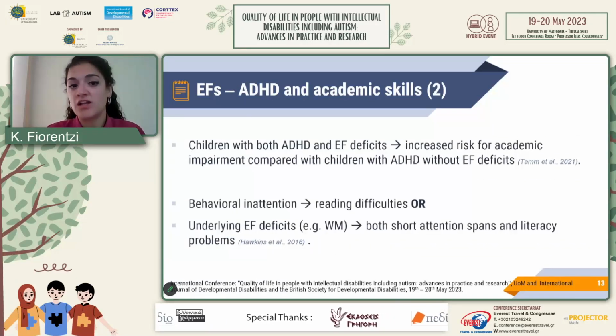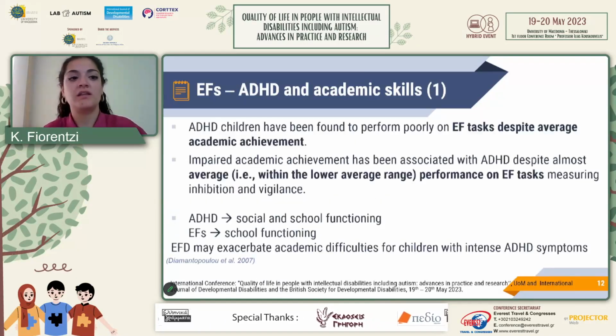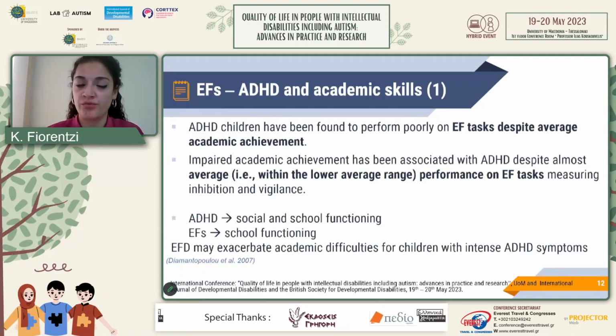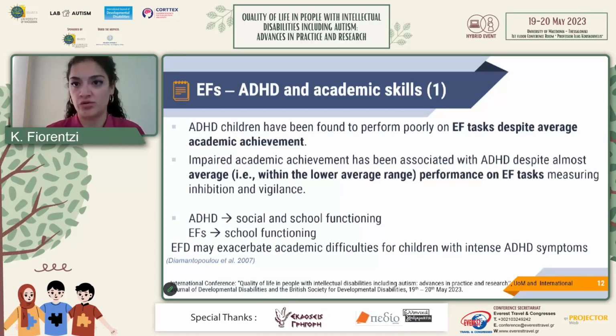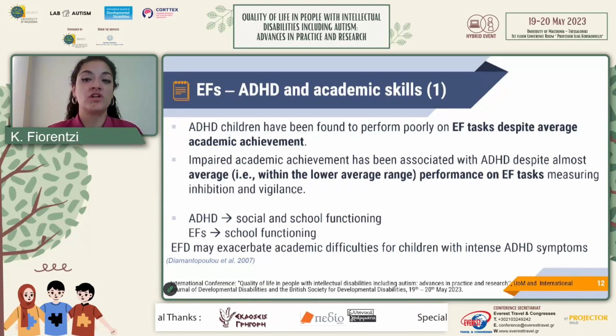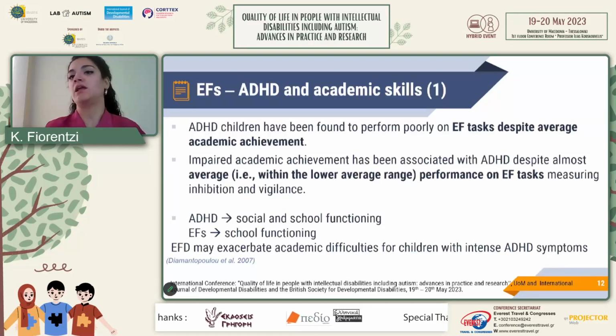Overall, ADHD seems to affect social and school functioning, and executive functions seem to affect school functioning. So, executive function deficits may exacerbate the academic difficulties for children with intense ADHD symptoms.